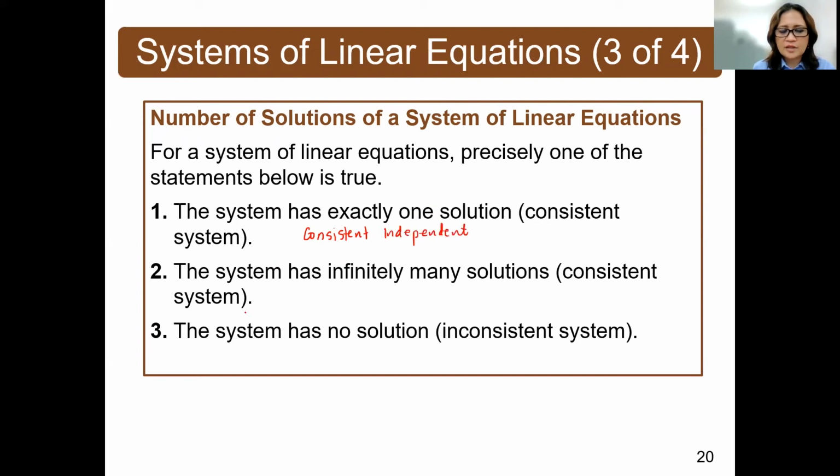For a system that has infinitely many solutions, we refer to it as consistent dependent. And for a system that has no solution, we refer to it as an inconsistent system.